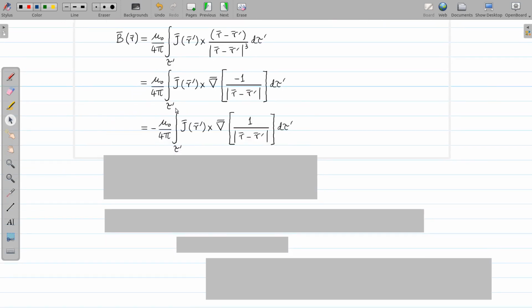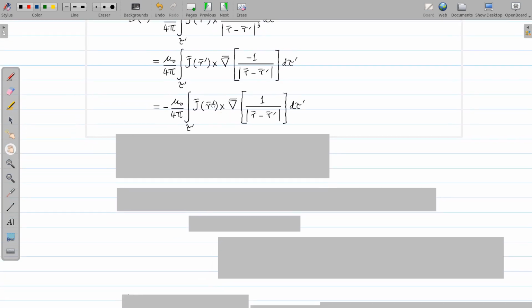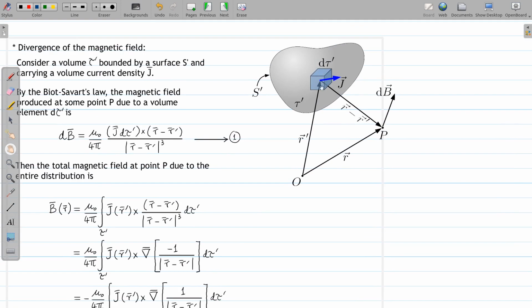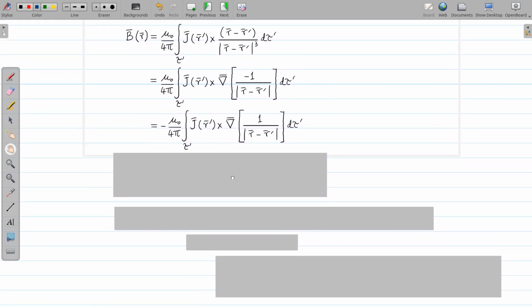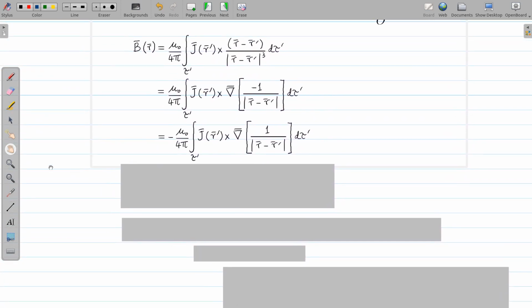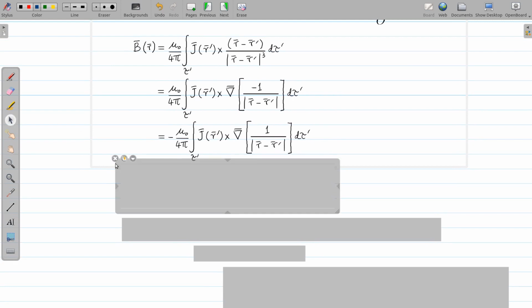Now we take this minus sign outside. Finally what is left behind is minus mu naught by 4 pi times the volume integral of J, which is a function of r prime, because J depends only on the position within the distribution, crossed with the gradient of 1 by modulus r minus r prime. So this is the magnetic field at any point P.